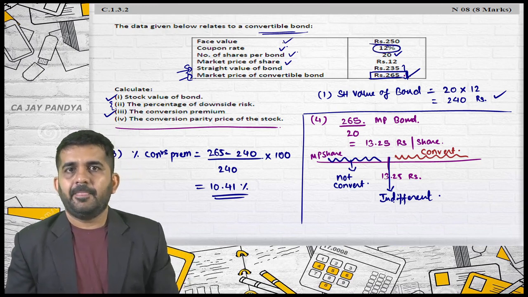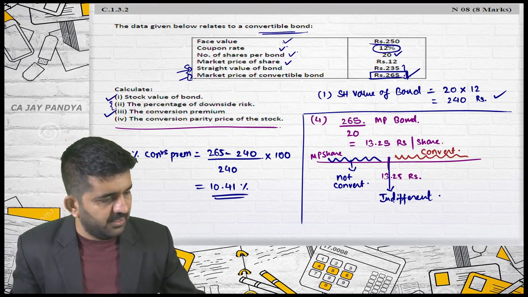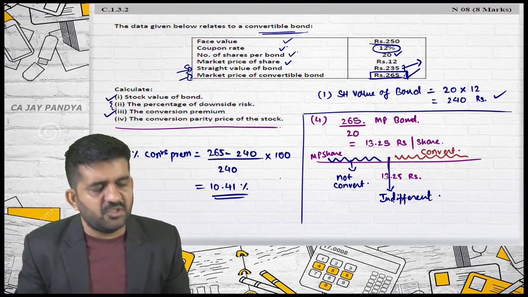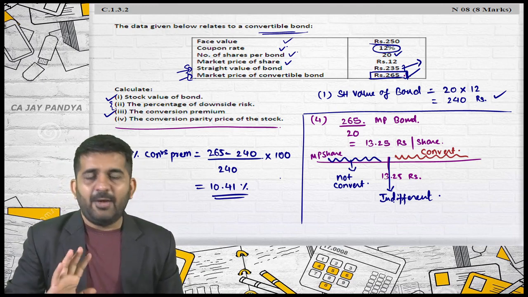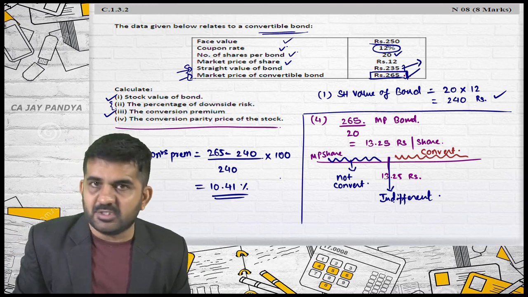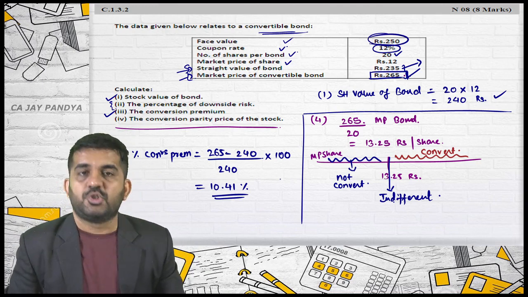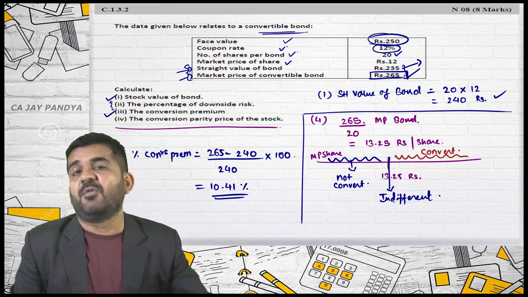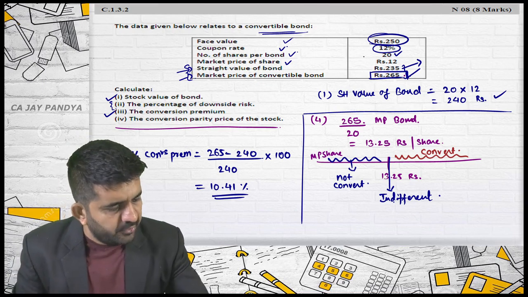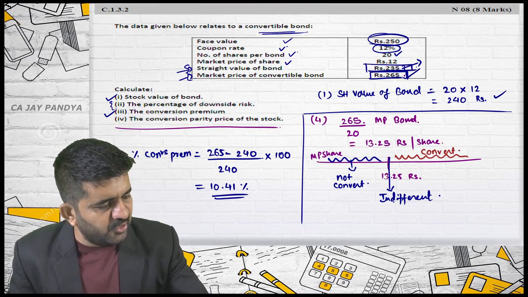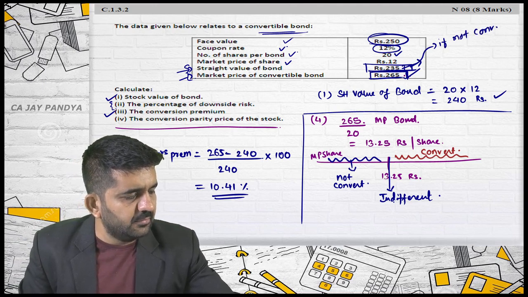If these bonds were not convertible, then the market price of the bond would have been 235, and the issue price would have been 235. Even if the face value is 250, it would have been issued at a discount of 15 rupees and the market price would have been 235. So, this is the straight value of the bond if it were not convertible.